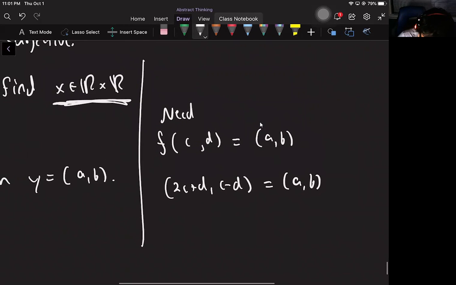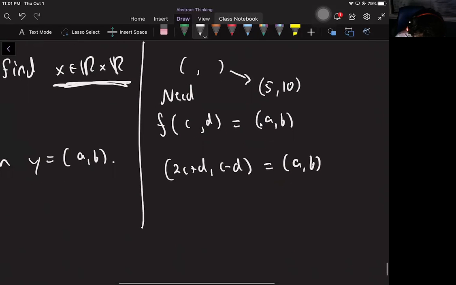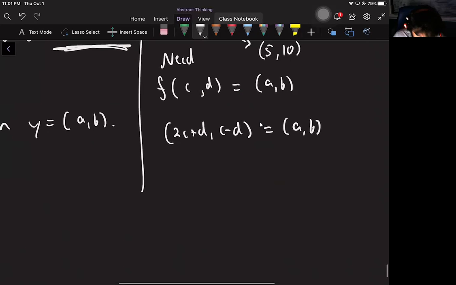Because the idea is I would already know that I want to get, like, 5 comma 10. So I'm trying to figure out what I should plug in to make 5 comma 10 happen, and what I plug in should involve 5 and 10 somehow. So now c and d should be solvable in terms of a and b. And they are, because this sets up another little system, since I need the coordinates to be equal.